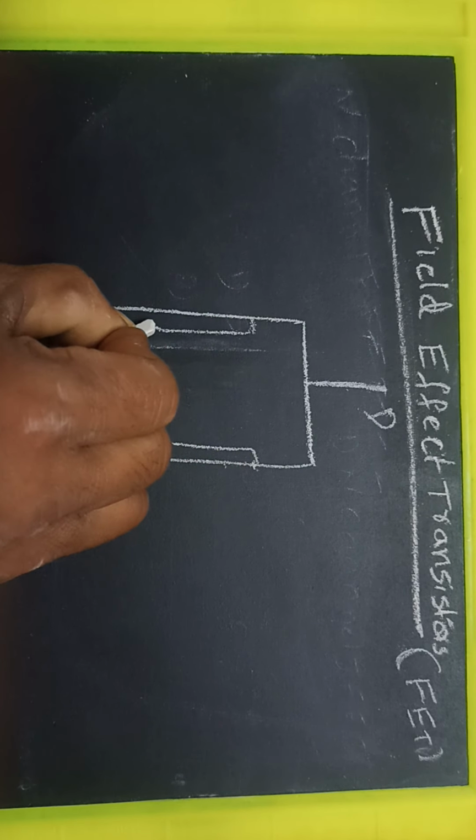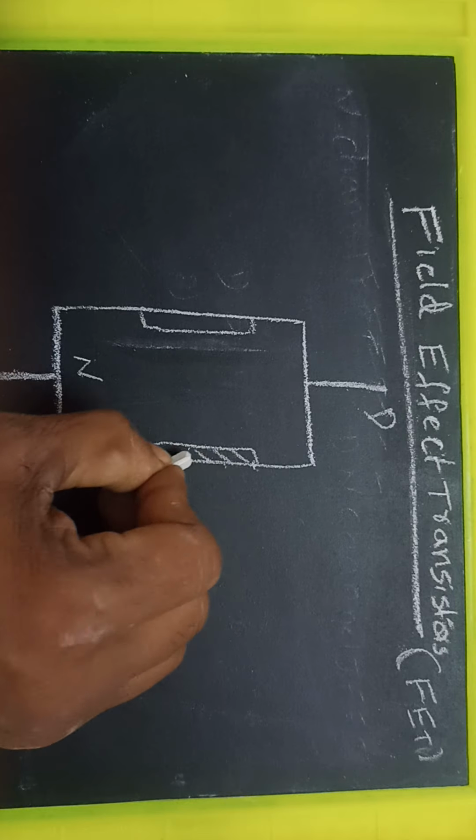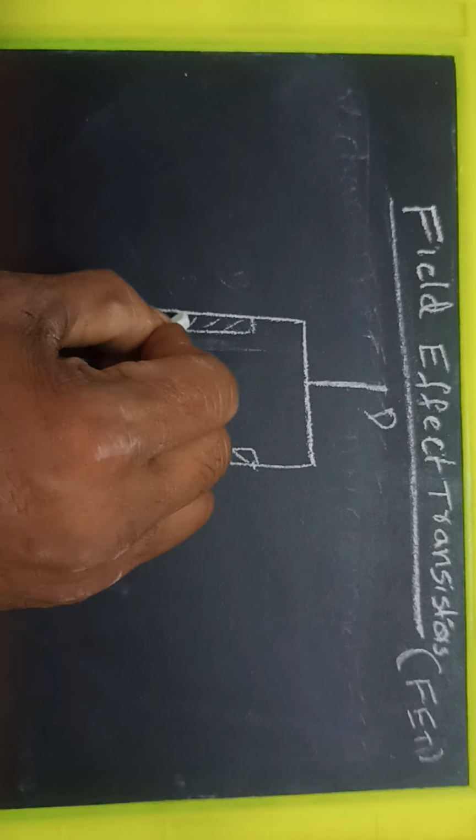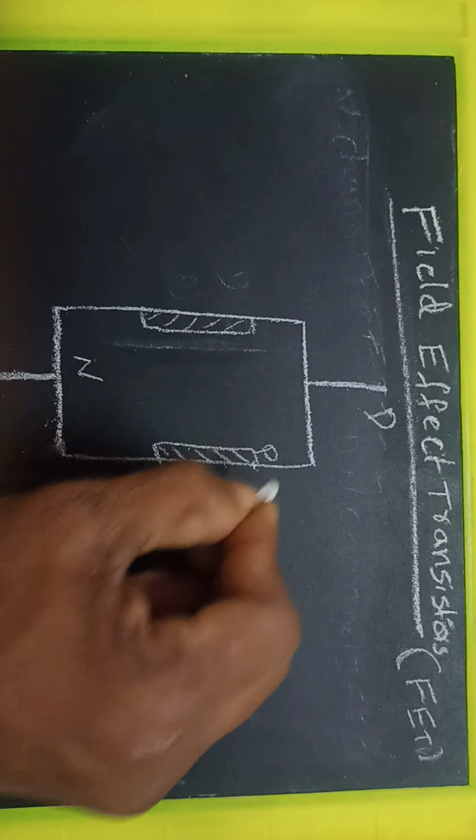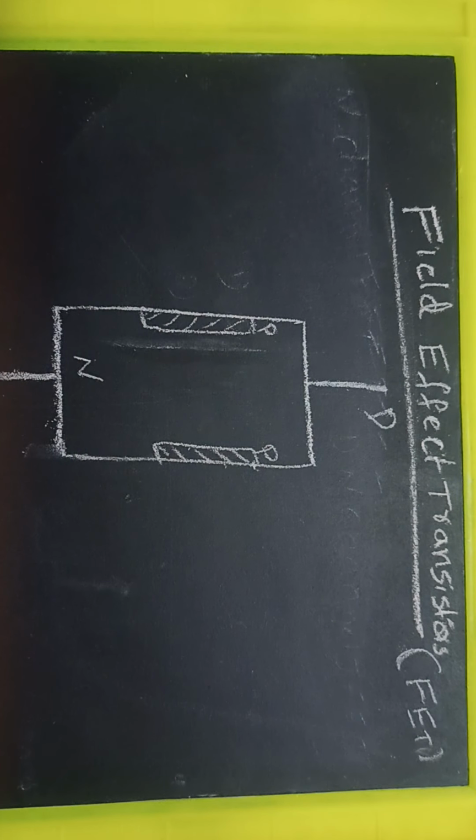This N-type semiconductor is doped with P-type semiconductor. This is p-type semiconductor, and this is p-type semiconductor, doped on both sides.